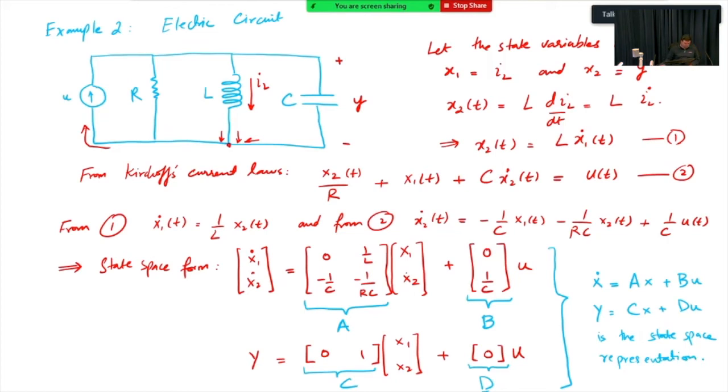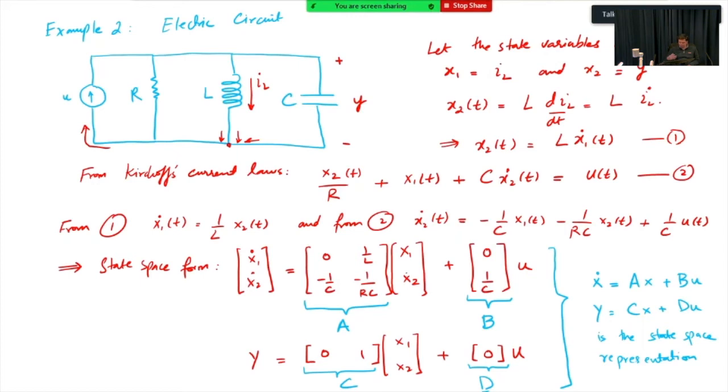Now the beautiful part of the state space representation is that you don't have to go to any input-output relationship. You don't have to go to transfer functions. Everything is preserved here. If you want to actually get the transfer function, you can still use this. And the good thing about this one is you can see the internal information of the system. You know how the states evolve based on the inputs.